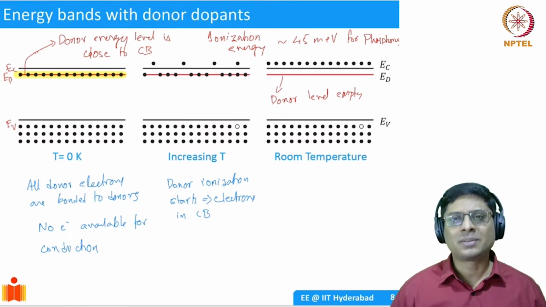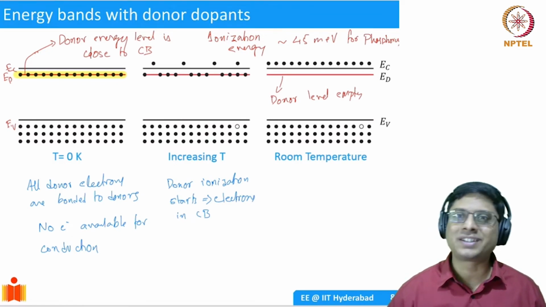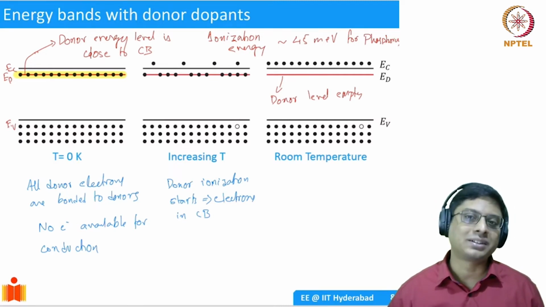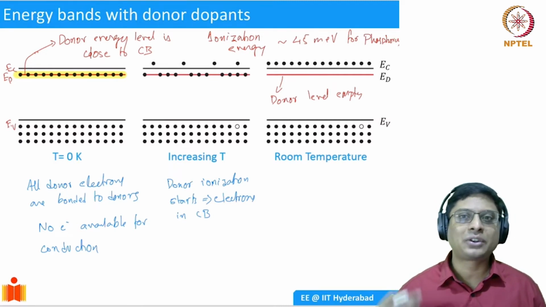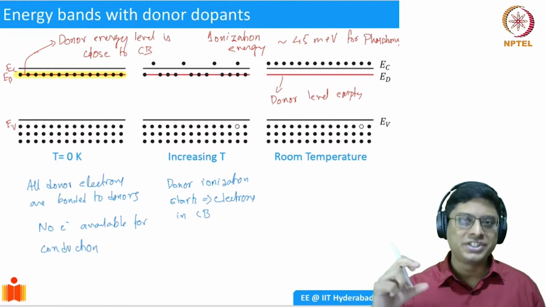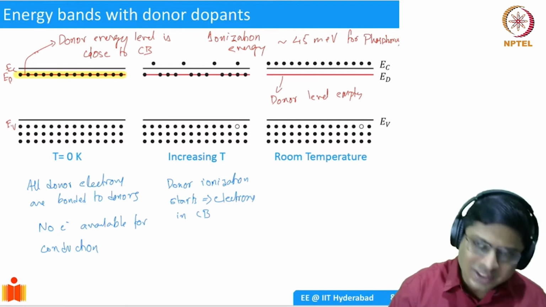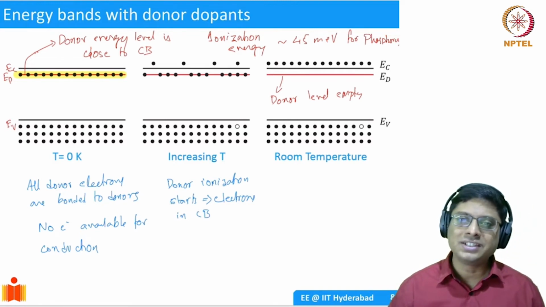You might ask, as temperature increases, you should also have electron hole pair generation. You will have some electron hole pair generation, but remember, the energy required for electron hole pair generation is Eg, whereas the energy required for donor ionization is very small, about 45 milli-electron volts. Eg is 1.12 eV.